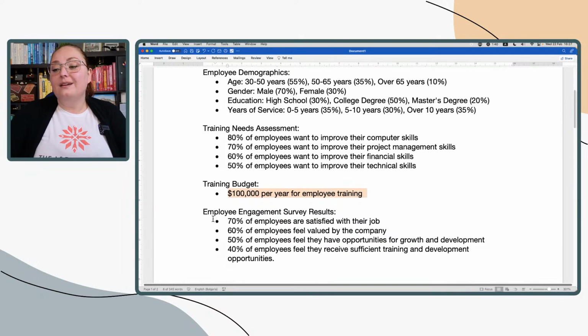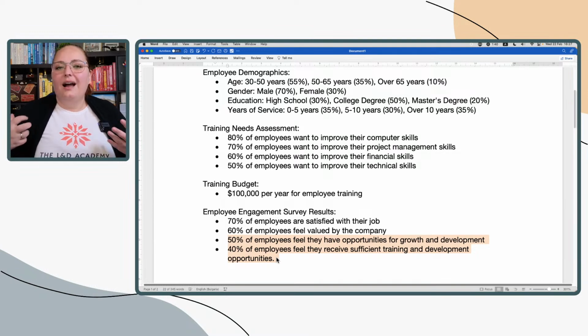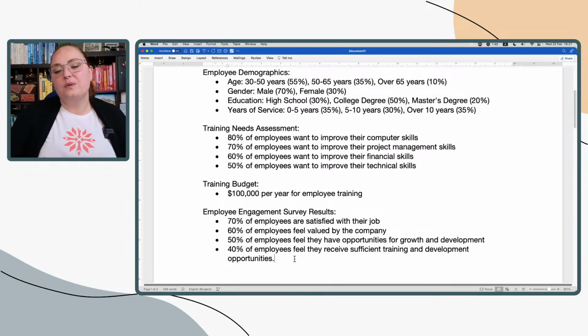And then, as a learning and development practitioner, if I see these two statements and these two values, I would feel a bit uneasy to say the least, because I'm not happy with the fact that 60% of employees feel they haven't received sufficient training and development opportunities.